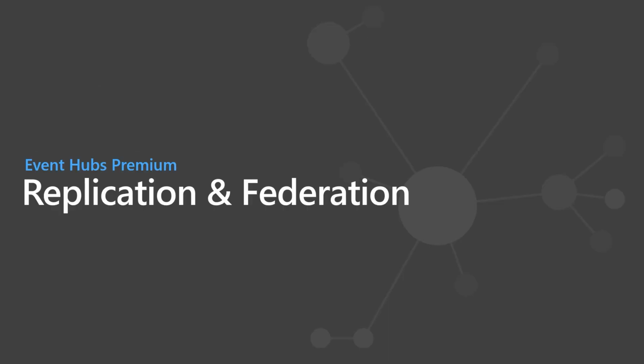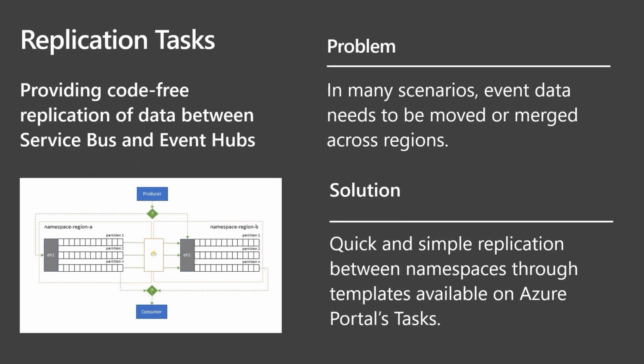Okay, so replication and federation. If you want to replicate data from one event hub to the next event hub, you had to write code before 3 months ago. We changed that because there is often a need to replicate data across regions or to distribute data between event hubs from different owners, many different scenarios.